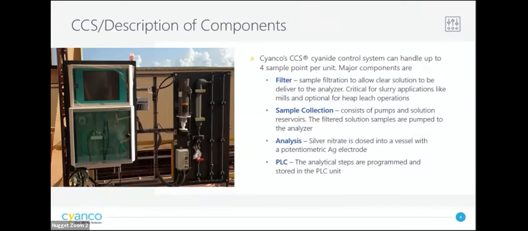You have a reaction vessel inside for a potentiometric analysis. And then you have your PLC to program and sort the analytical steps.